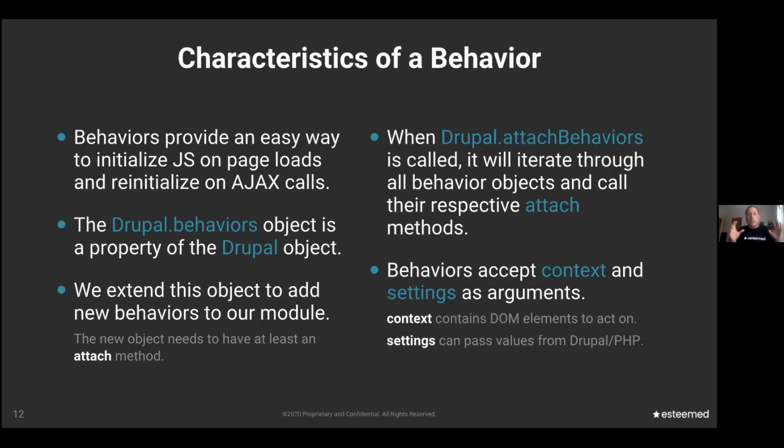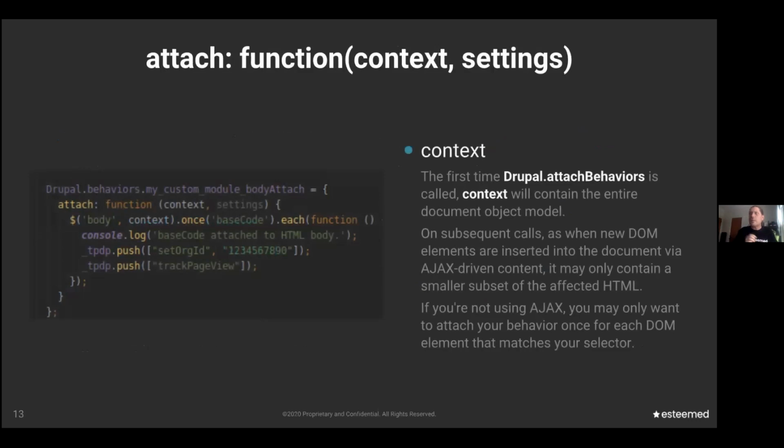If it's going to be firing on, like, an AJAX call that only affects part of your page, then it's going to have a smaller context. And it's really cool what you can do with that. And then settings can pass values from your custom Drupal PHP code, which is what I love about Drupal behaviors. You can do some really cool stuff with custom modules, and that's exactly what we're going to learn about next. So here's the attach.